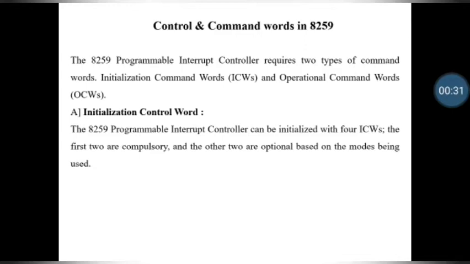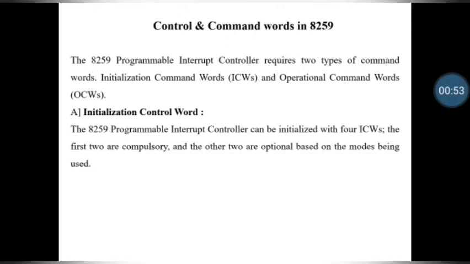Before we start functioning, we must first initialize our processor, that is the 8259, by writing the 2 or 4 command words present in the 8259 processor, and these are called initialization command words.